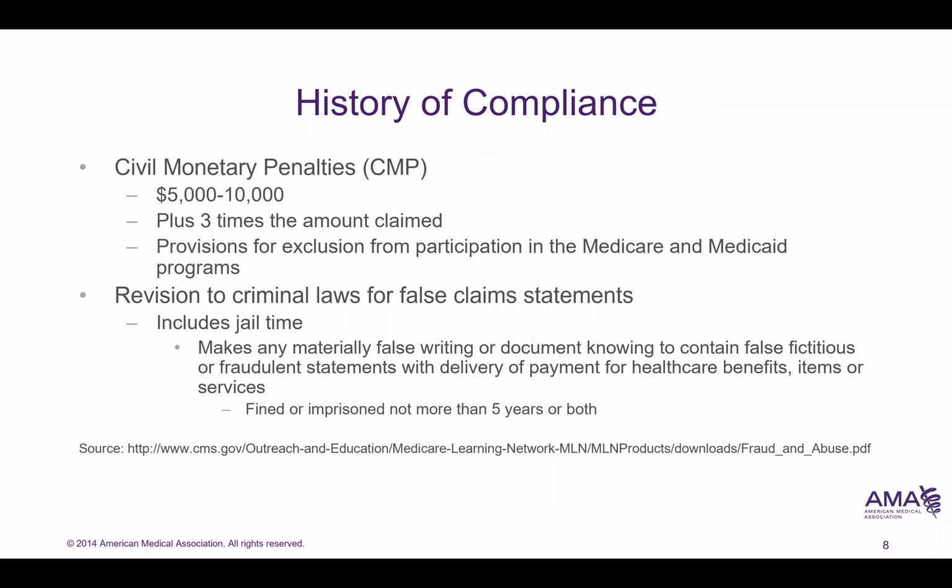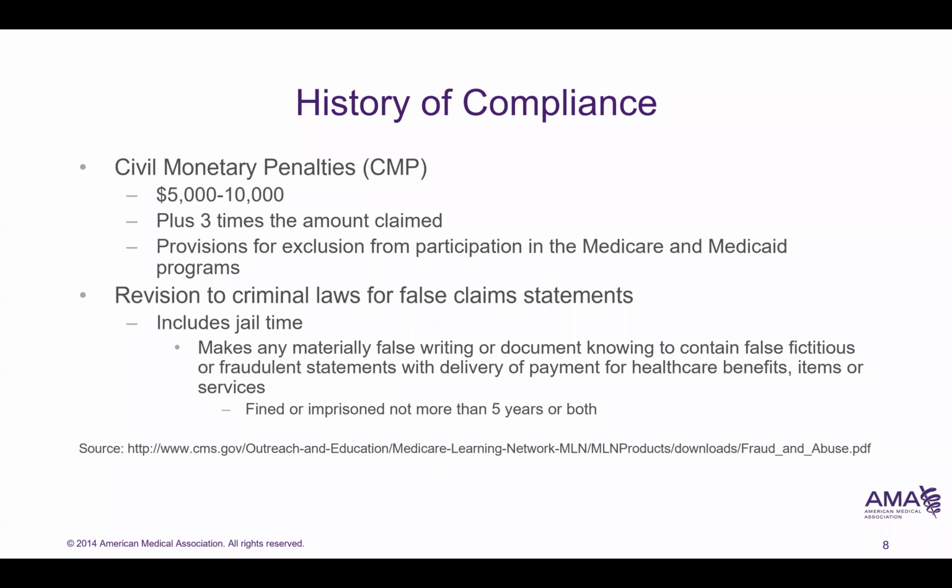Now, again, with compliance, with CMS we actually have monetary penalties, civil monetary penalties, commonly referred to as CMP. This can range from tens of thousands of dollars to 3 times the amount claimed. So if you're a large organization like Kaiser Permanente, this could be in the millions or billions of dollars.